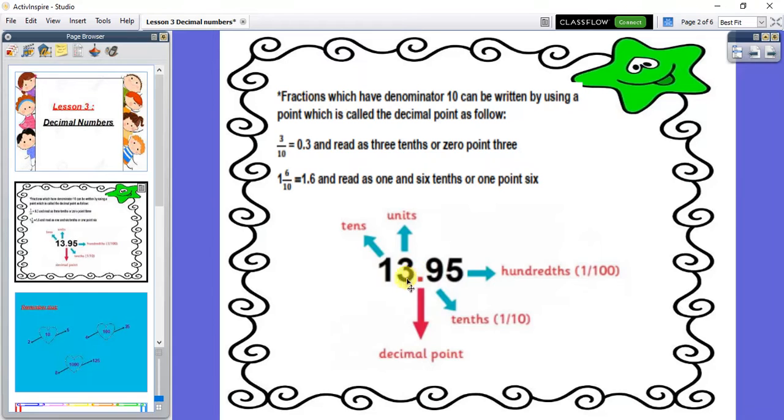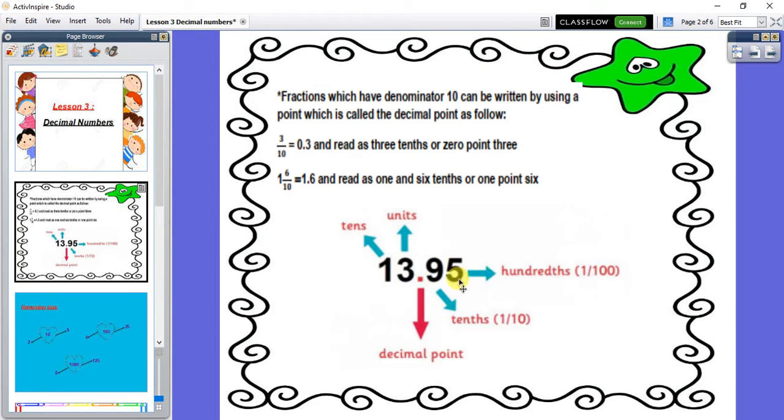If you see 13.95, I read it like this: 13.95. This is the decimal point. The part before the decimal point is the whole part: the units, the tens, hundreds, thousands, as we talked before.